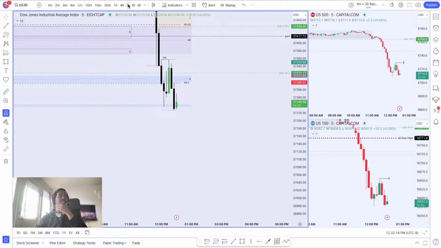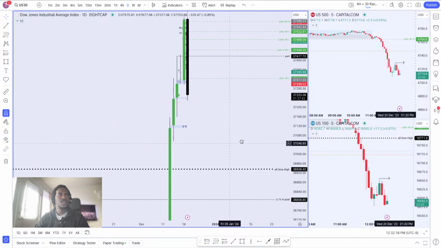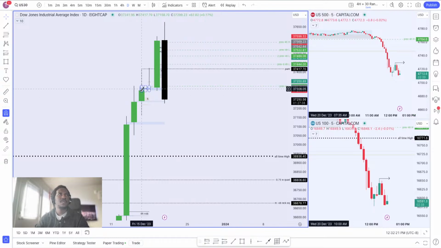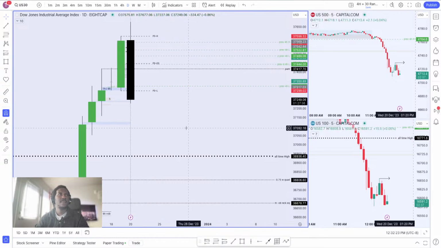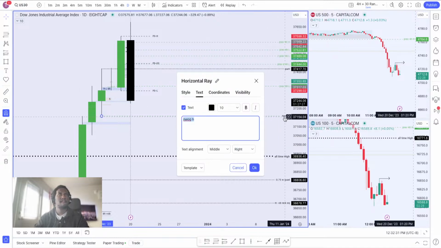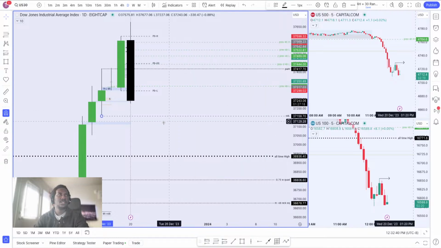Okay, the other level that we could be going towards will be the low of this old daily low over here. So let me just have it right there. Oh no, I'm just going to do all daily low. You know what that is.